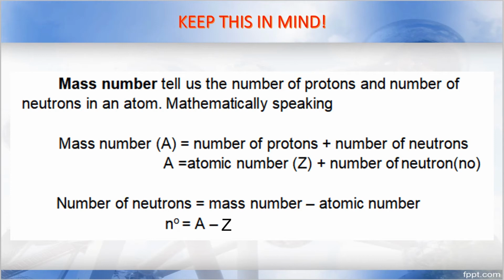Mathematically speaking, mass number A is equal to number of protons plus number of neutrons, or A is equal to atomic number Z plus number of neutrons, or in symbols, A = Z + N. The number of neutrons is equal to mass number minus the atomic number, or N = A - Z. So remember this equation.